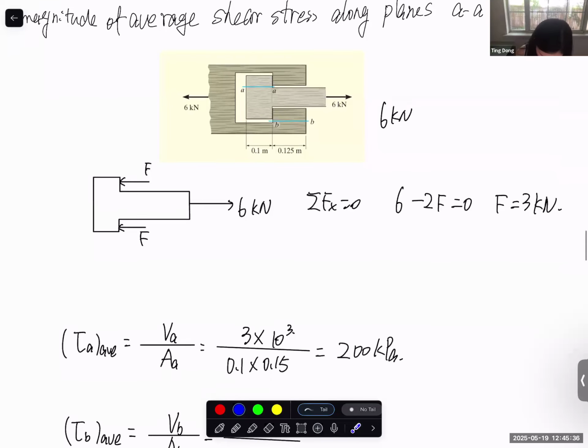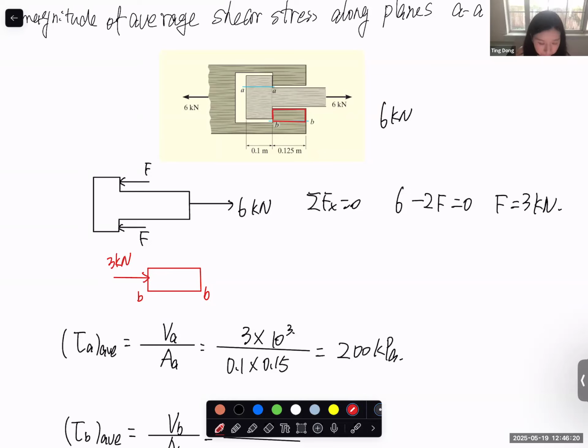Or I can do it in this way. So let's take this section. Let's cut this section off from the outer structure. So I put it here. And of course, this is the BB plane. And we want to figure out what the shear stress generated on this BB plane is. So we already figured out that the force applied by the inner structure to the outer structure on this cross-section through the contacting surface is 3 kilonewton.